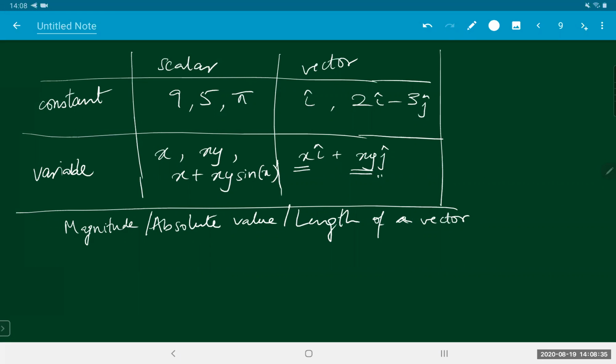So if you have some vector v, which is given by ai plus bj, and of course if you have the z direction as well, then there is also the k unit vector along the z axis. And then the magnitude, which is denoted in this fashion, is defined as square root of a square plus b square plus c square.